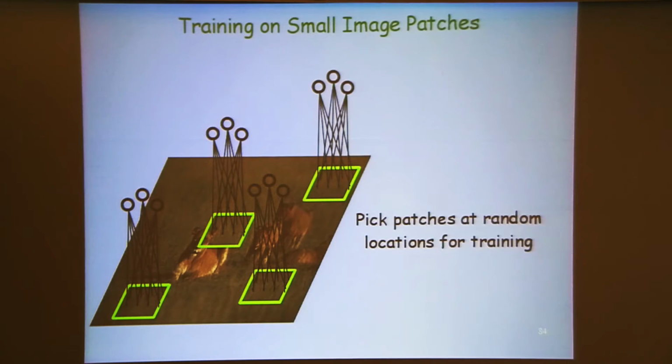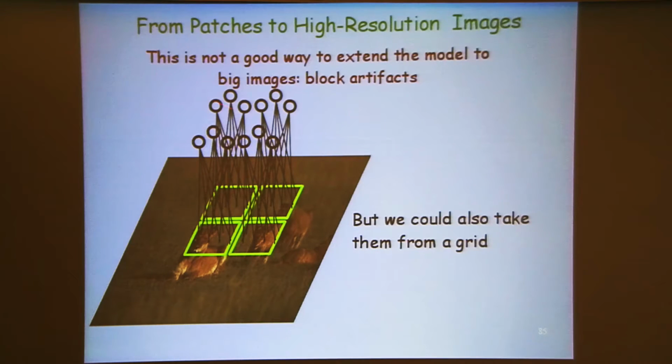So far, we have considered the case where you take images, you crop image patches at random locations, and you model them independently. You may think that a way to extend this model to high-resolution images is simply by tiling the image with patches.